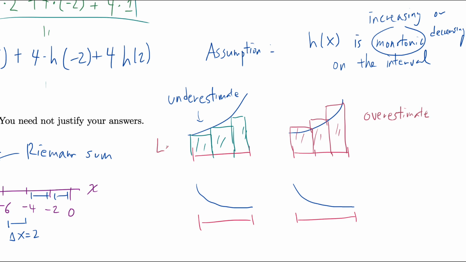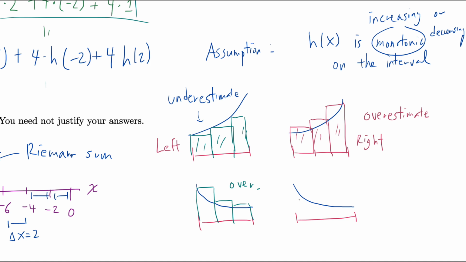So here we're using the left Riemann sum, and here we're using the right Riemann sum. If our function is increasing and we use the left Riemann sum, then it's an underestimate. If our function is increasing and we use the right Riemann sum, we get an overestimate. If the function is now decreasing, the situation flips. When I use the left Riemann sum, we get a picture like this, which gets you an overestimate.